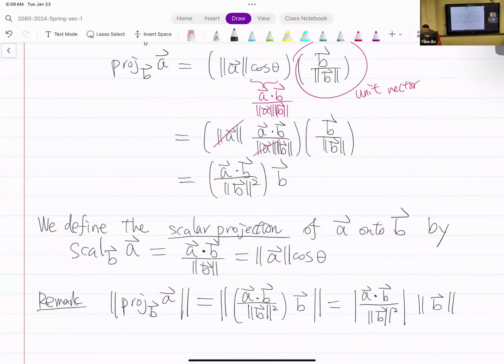If you recall, when we talked about the unit vector B over the magnitude of B, the magnitude of B in the denominator is always non-negative. And of course, if you can divide by it, then it's always positive. So that thing you can directly take out as a scalar.